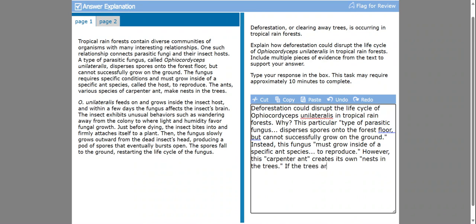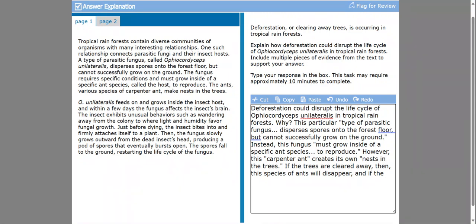If the trees are cleared away, then this species of ants will disappear. And this is really a cause and effect and effect and effect.